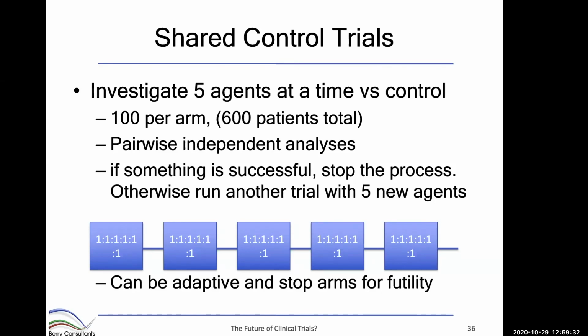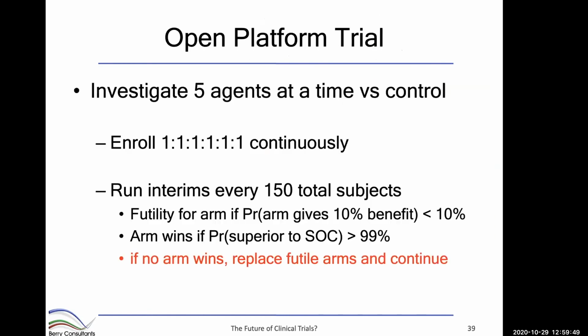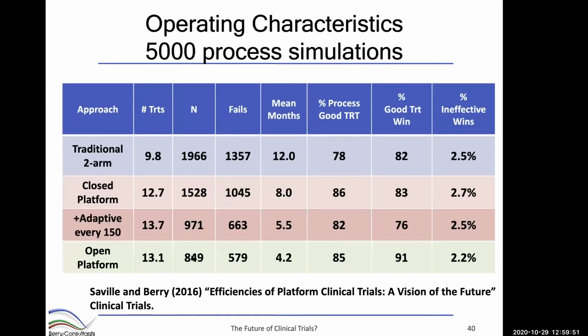What I-SPY 2 does is it actually has the entire 10-year history of the control arm within I-SPY. And so there's a model that keeps track of it over time, and that whole time course is brought in. That's one of those bells and whistles that gets you down. You can lower the sample size by bringing in that kind of historical information, either external to the trial or the internal past history of the control arm within the trial.